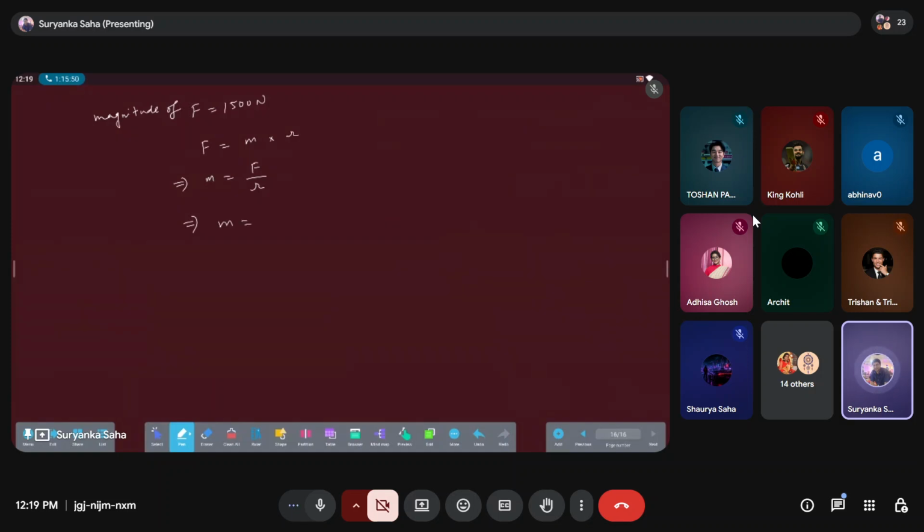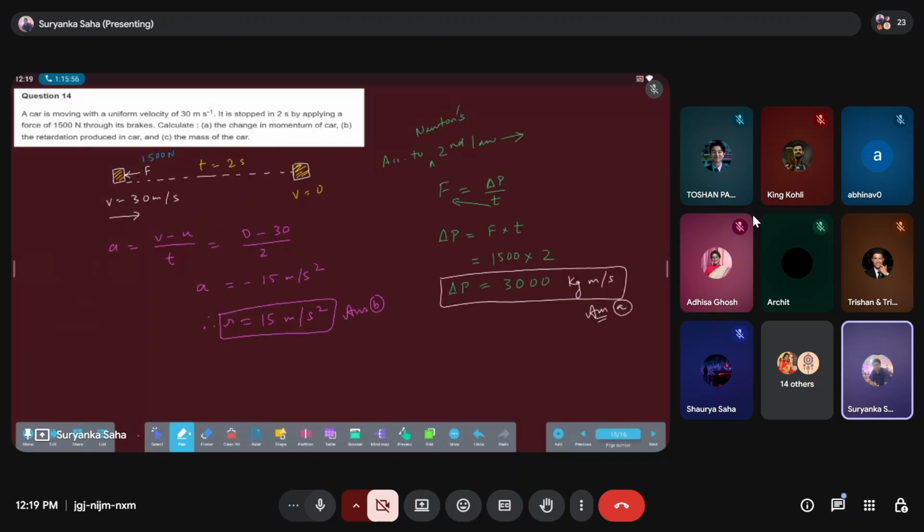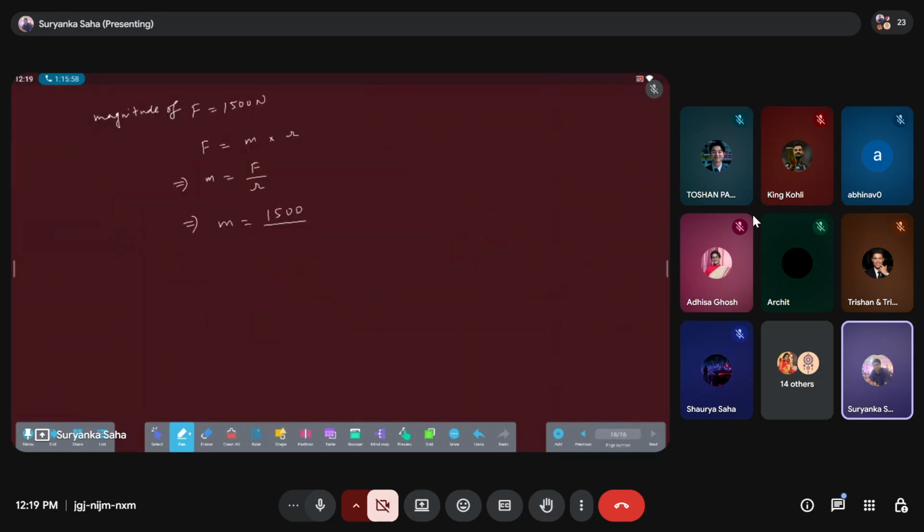F is how much? 1500. R is how much? Retarding force is 15. So if you cancel, mass equal to 100. It is kg.